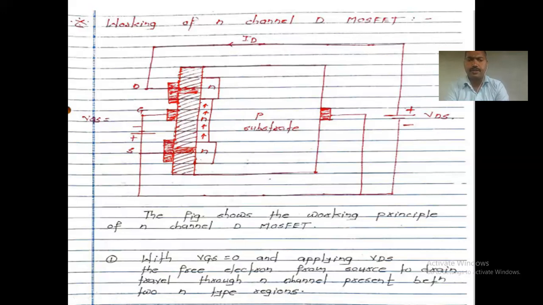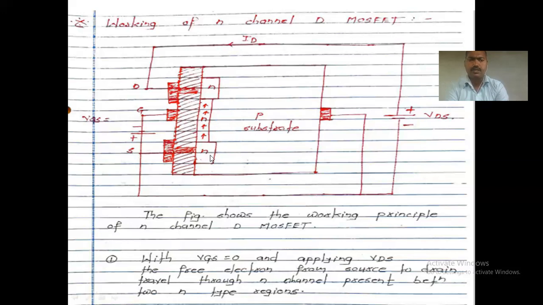In case of your D type MOSFET, as we apply the voltage between gate to source, which is the smallest negative, or it should be zero, it is the same as the working of the JFET. So whatever the working of D MOSFET is, it is the same as your JFET. The only thing that changes here is that we apply two voltages, the VDS voltage, and the channel formation is in between two N regions.